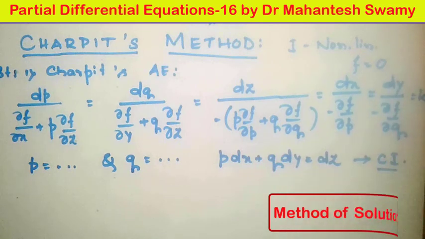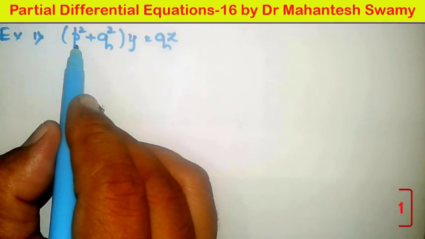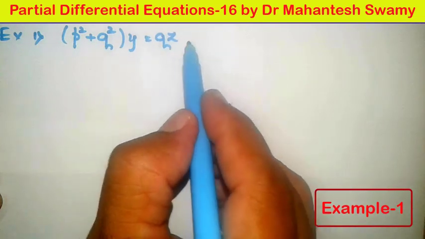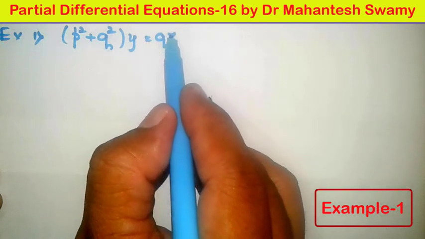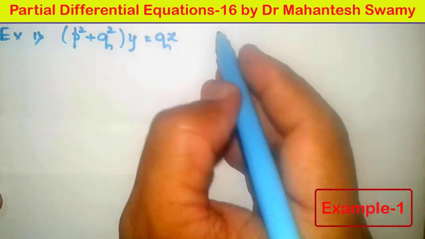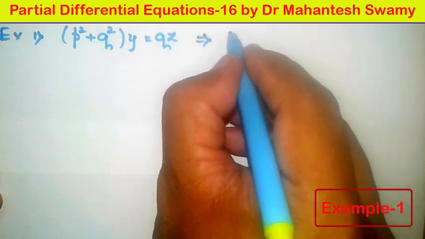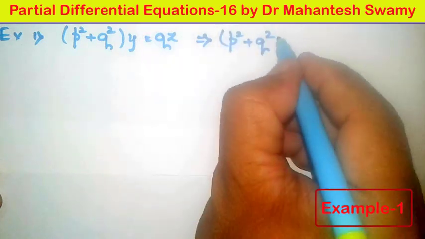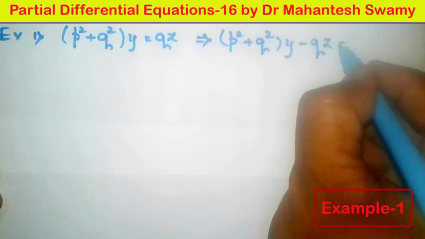So let us try the first example. The first equation is (p square plus q square) into y equal to qz. As per the procedure, we have to take all the quantities to the left hand side. That is, we have to rearrange the given equation in the form (p square plus q square) into y minus qz equals to 0.